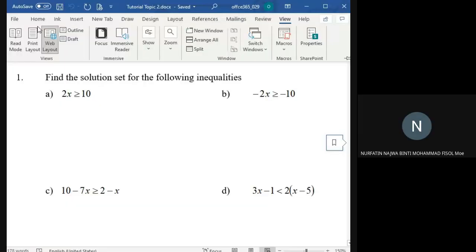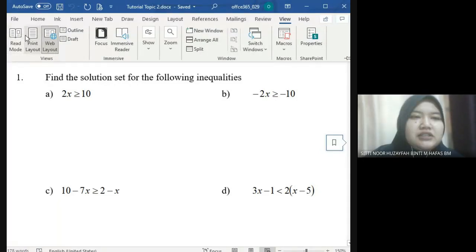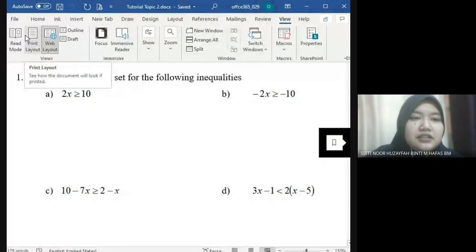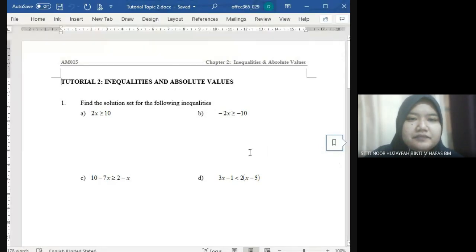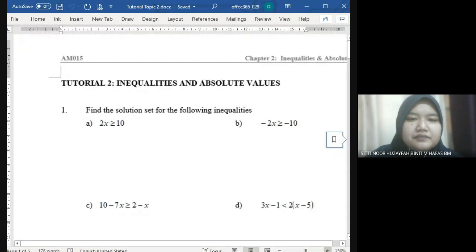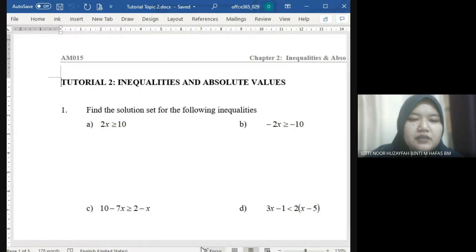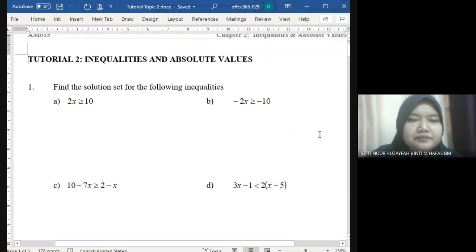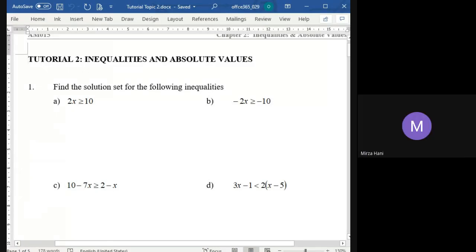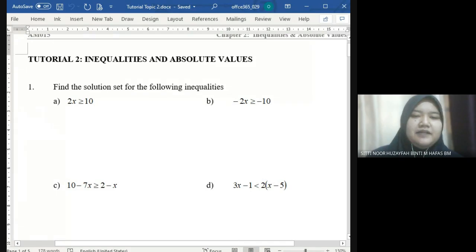Cuma simbol je. Simbol apa? Inequality kat sekolah belajar tak? Untuk matematik. Pelajar-pelajar yang tak ambil maths pernah belajar tak ni? Inequality. Belajar, madam. Okay.